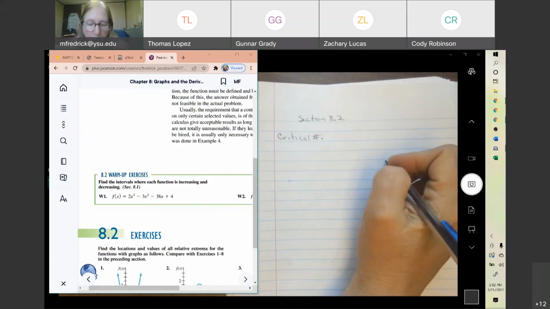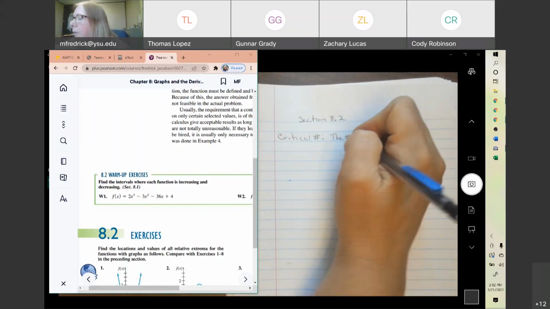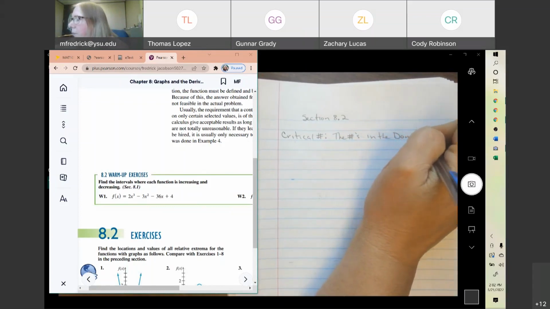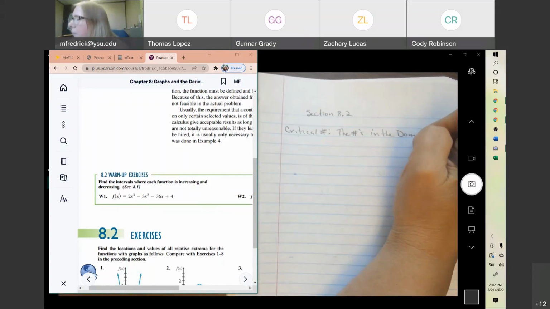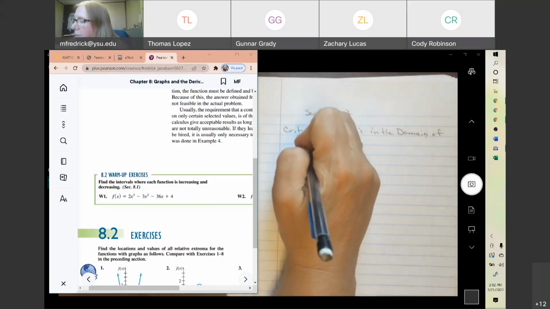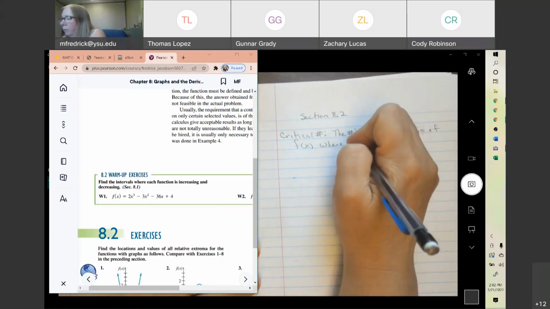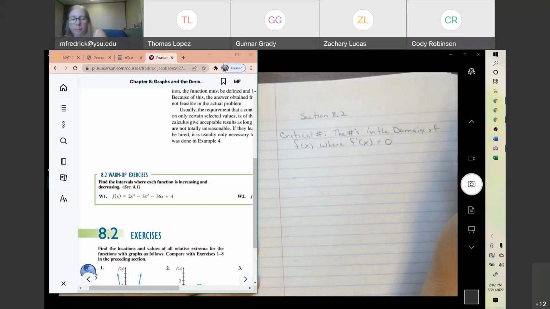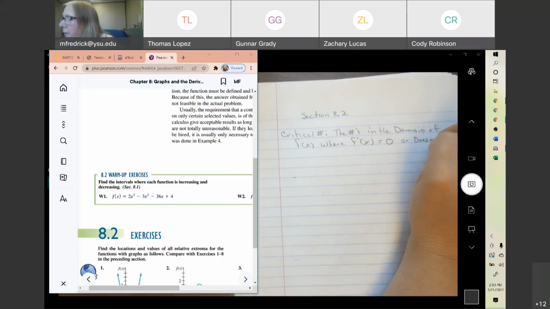A critical number is the numbers in the domain of f of x where the derivative equals 0 or does not exist.